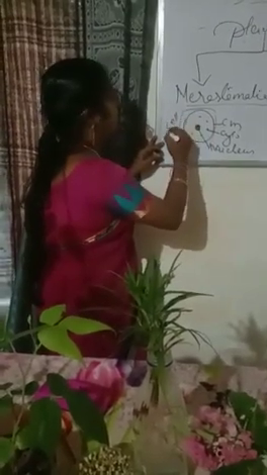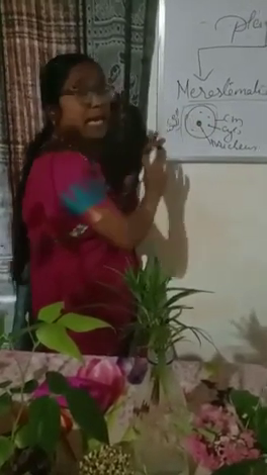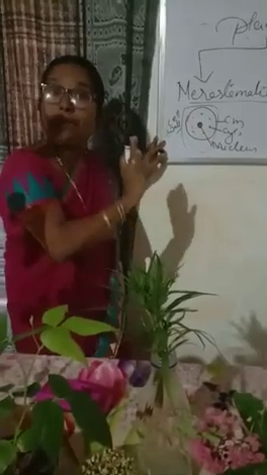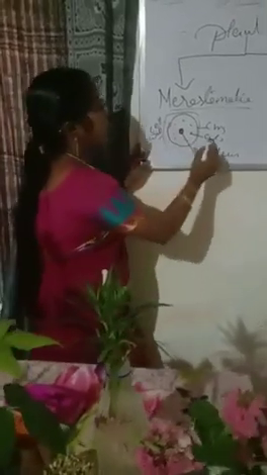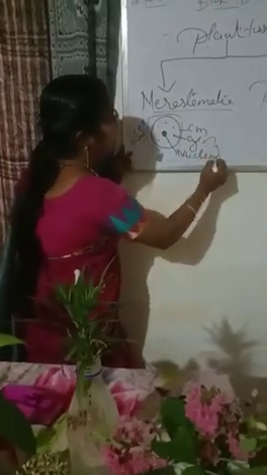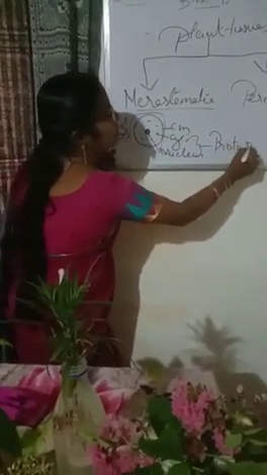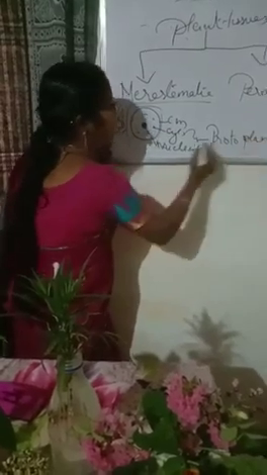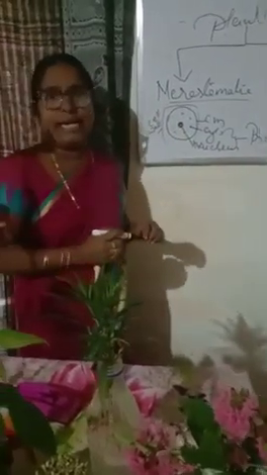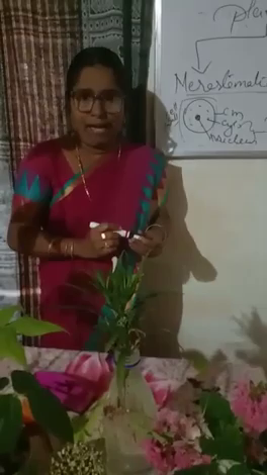And the cell wall is present only in plant cells. Then the cytoplasm and nucleus are together known as protoplasm. Protoplasm, you must have learned it last year. This protoplasm forms the physical base of the plant.